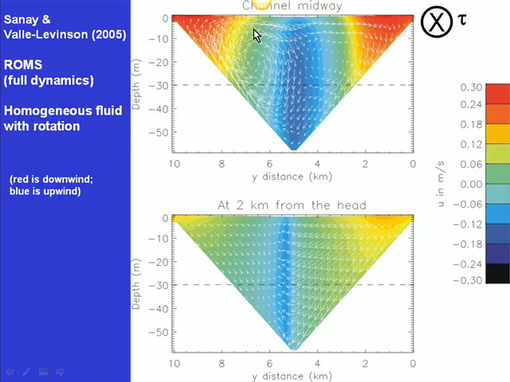Again, the main effect of rotation is to produce this clockwise gyre, and the effect of the advective terms is to produce this smaller scale advective gyre. This is the solution at the head of the basin, but we're not going to talk about it. The water is all converging there. All right, so those are the very important effects.